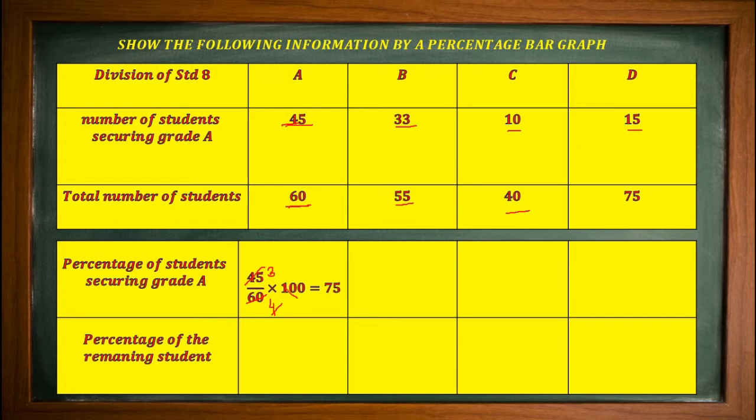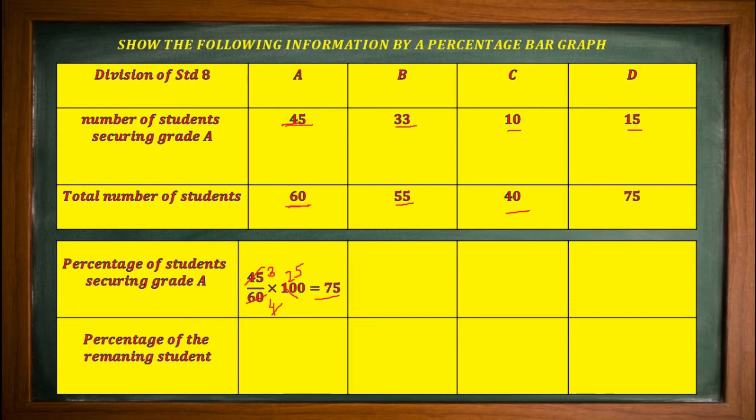Then 4 twos are 8, 0 remaining, and 4 fives are 20. So 3 into 25 is 75.